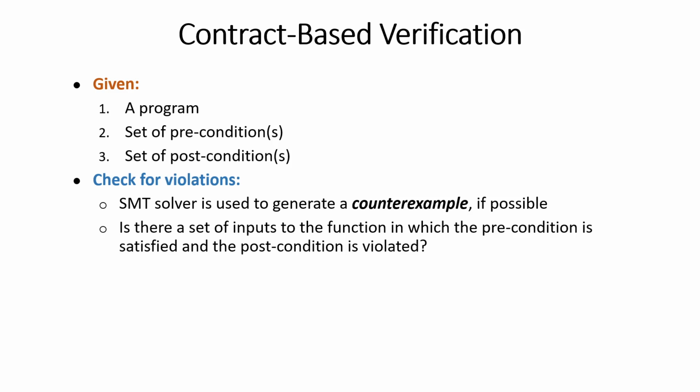Let's take as an example something very common: sorting a list, right? What would be a possible post condition? What would you require from the list that is returned by your sorting algorithm? That it is sorted, so that the elements are in ascending order, right?